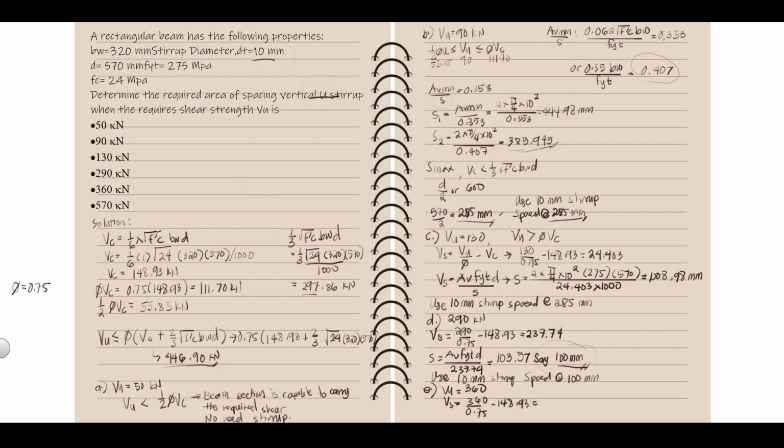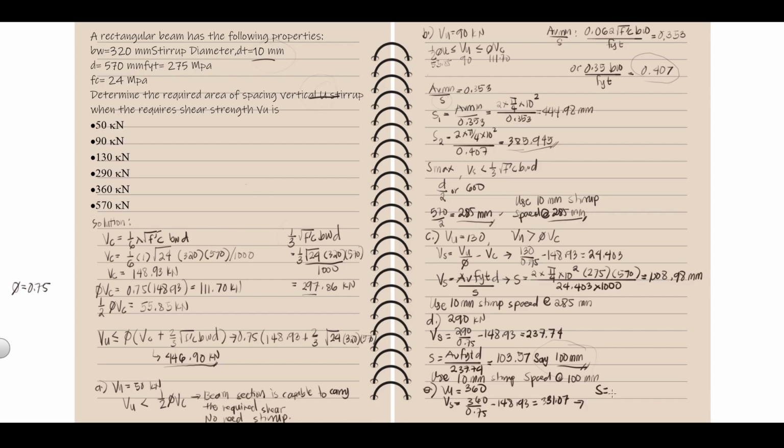So, we will have this as our VS. So, 331.07. Okay, 331.07.